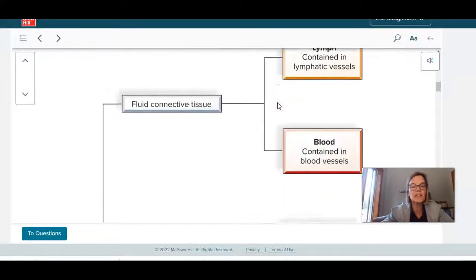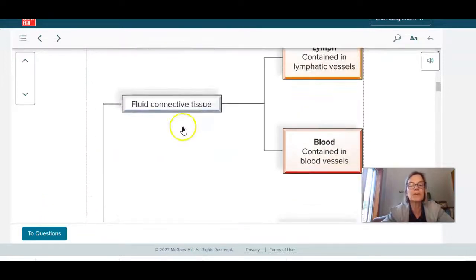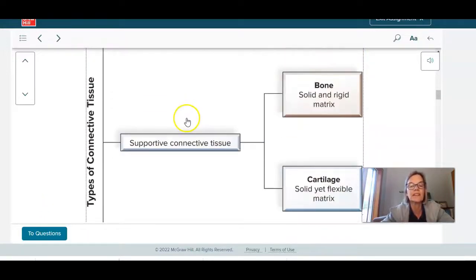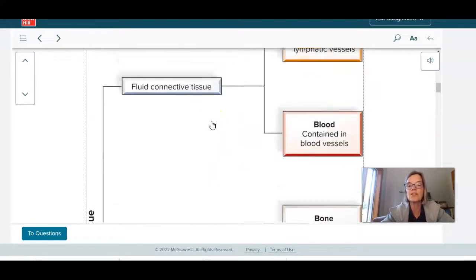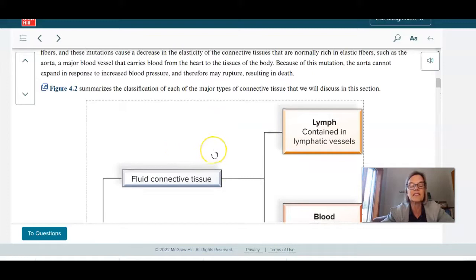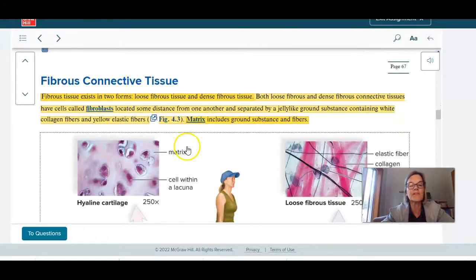So we're going to talk a little bit about the types of connective tissues. And you see this book puts them into fluid, supportive connective tissues, and fibrous connective tissues. So we're going to look at these different kinds. And let's talk about the fibrous. Here is talking about the ground substance and the fibers together form a matrix.